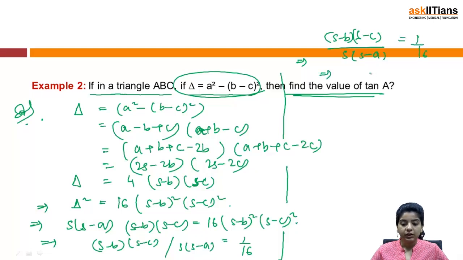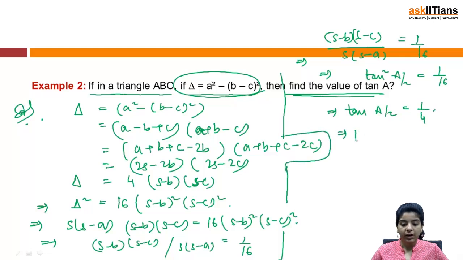That means tan square A by 2 is 1 by 16, which means tan of A by 2 is 1 by 4, right. So this means tan A we know is 2 tan (A by 2) by 1 minus tan square (A by 2). If you remember the formula for this, tan 2A is 2 tan A by 1 minus tan square A. So tan A is 2 tan (A by 2) by 1 minus tan square (A by 2).